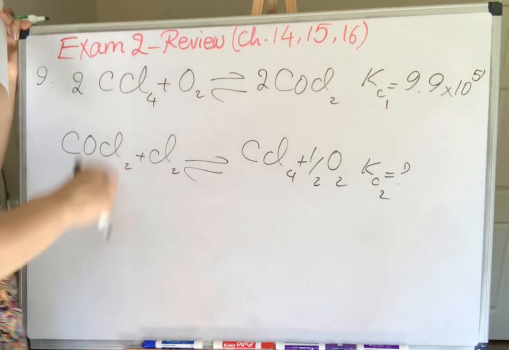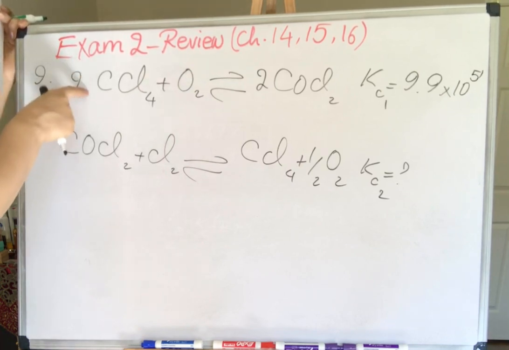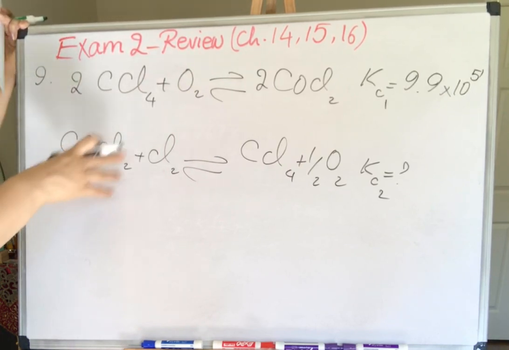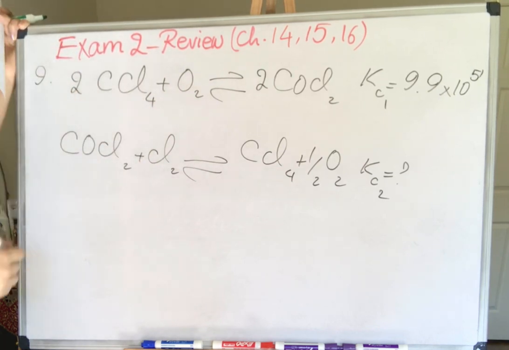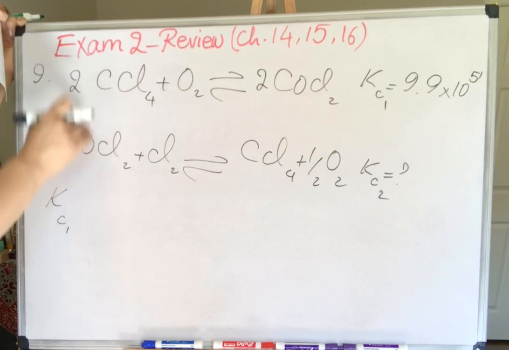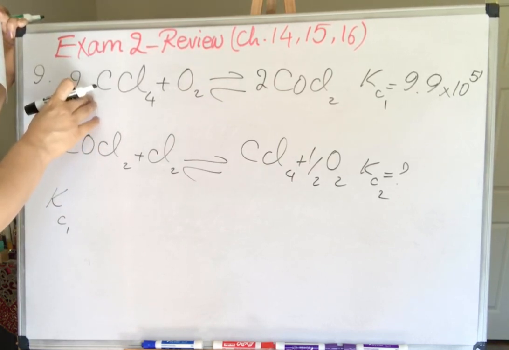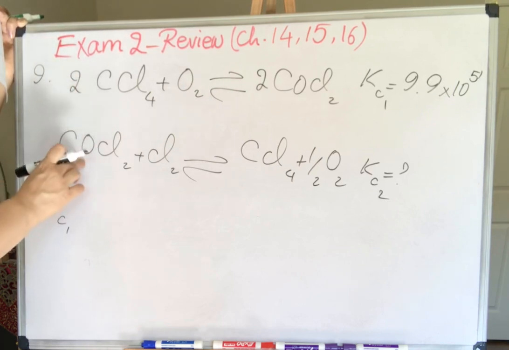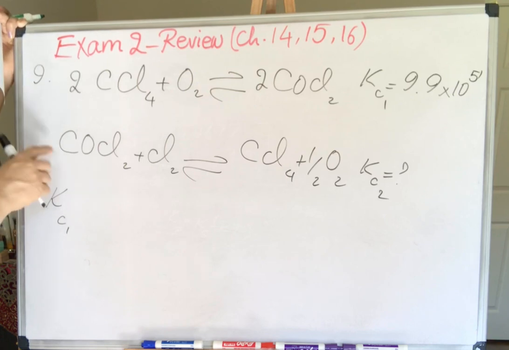You had it in the PowerPoint slides: when the equation is multiplied by a number, the equilibrium constant will be raised to that power. The relation between these two is that the coefficients in equation 1 have been divided by 2 to give the coefficients of equation 2.